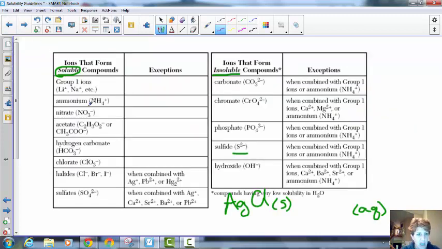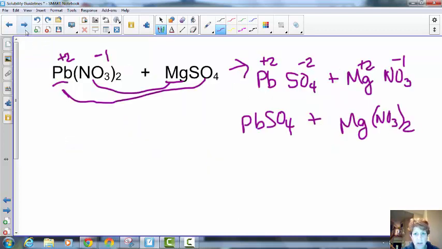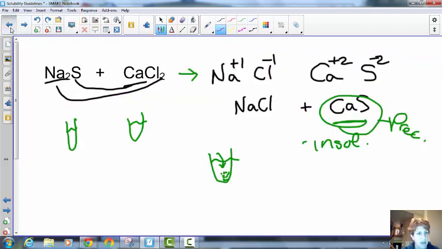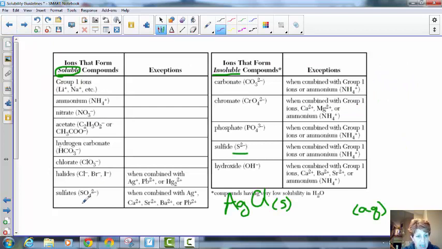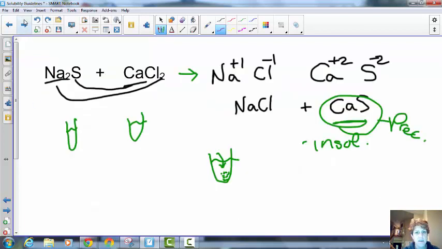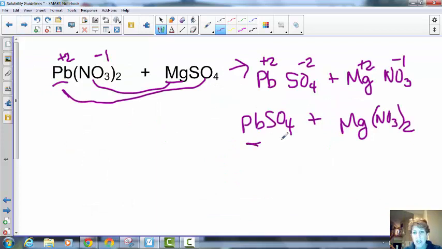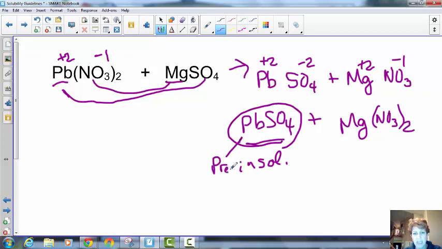Here's Pb with, I just forgot what it was with, SO4. All right. Here's SO4. So SO4 is soluble except, oh, here it is, except when you put it with lead. So this one is going to be insoluble, which means this will be my precipitate.